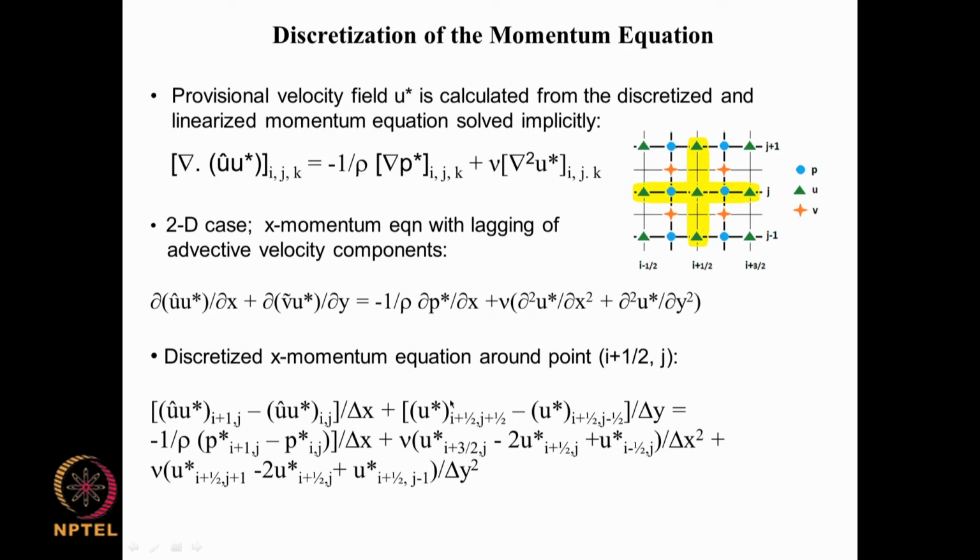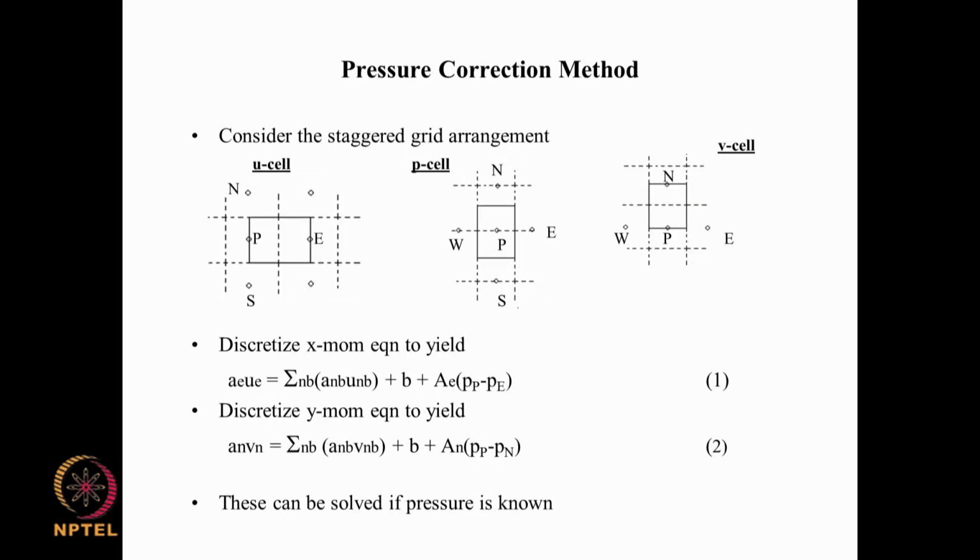And similarly, this term is coming from dou by dou y. So, this is evaluated at i plus half, j plus half and j minus half. So, in this case we need to have v tilde at j plus half and j minus half, that is obtained as the average of these two. So, using these kinds of approximations, we can come up with a discretized equation.